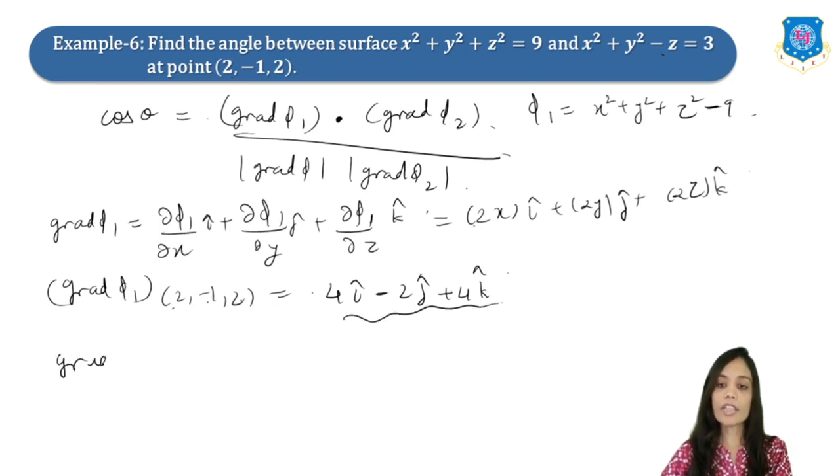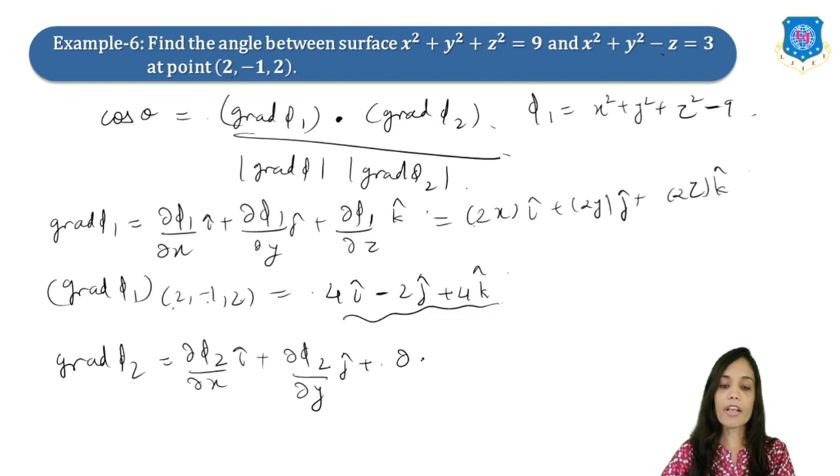Now let us find the gradient of phi 2. The formula will be del phi 2 upon del x i cap plus del phi 2 upon del y j cap plus del phi 2 upon del z k cap. Now our phi 2 is x square plus y square minus z minus 3.